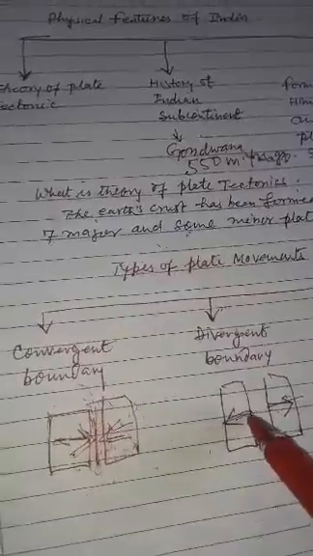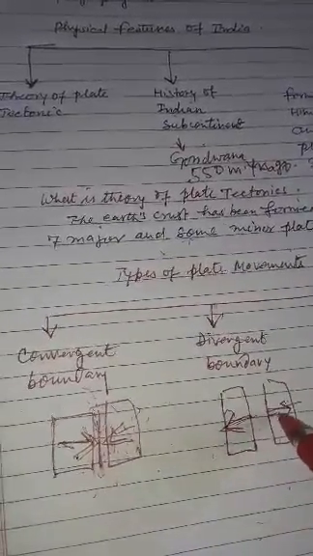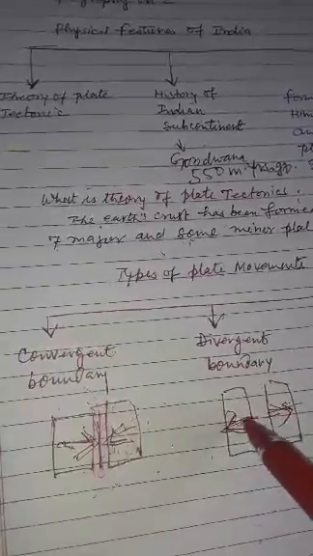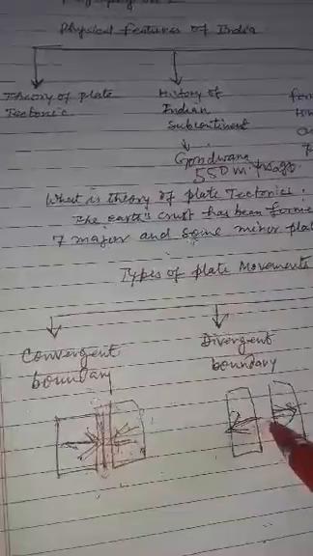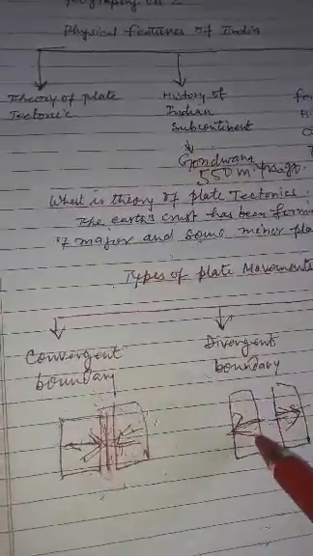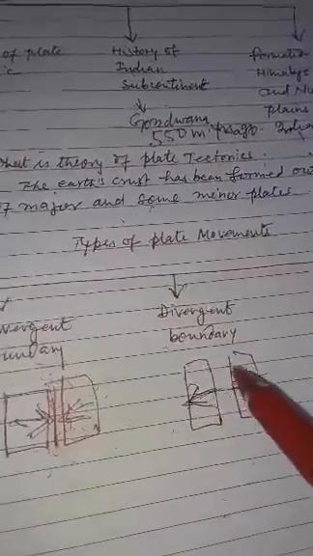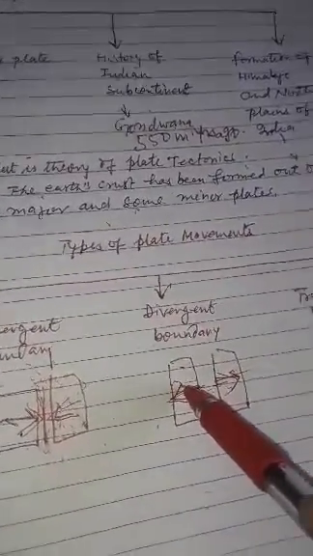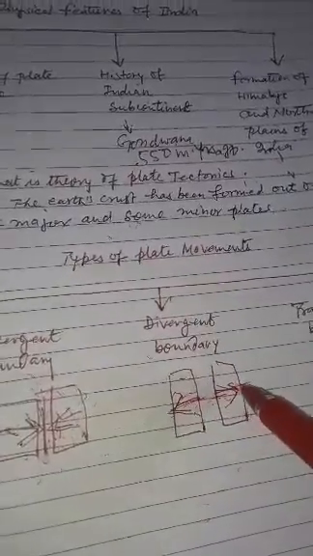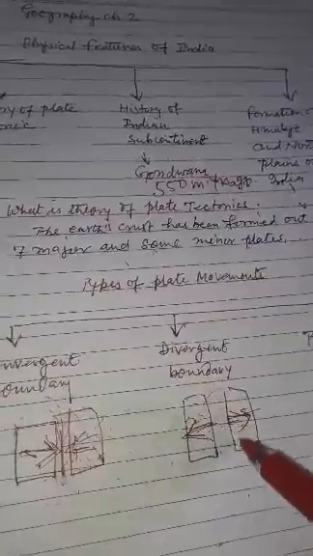And just in the opposite manner, you can see the same plates in this way. This is known as divergent. They go far away from each other. This is divergent boundary. What is divergent boundary? When two plates move away from one another, it leads to faulting or breaking of rocks.